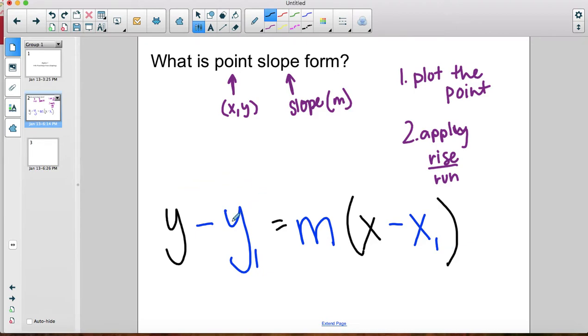Okay, so y minus y1 equals m(x minus x1).